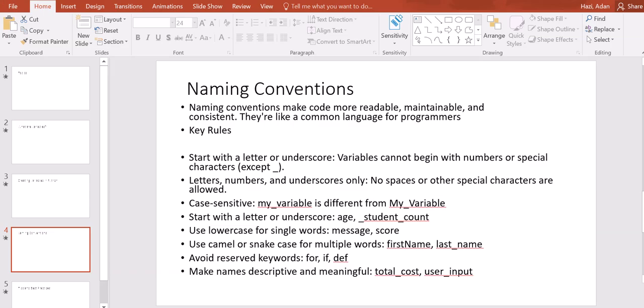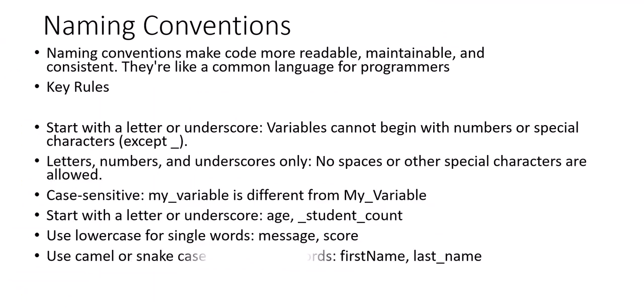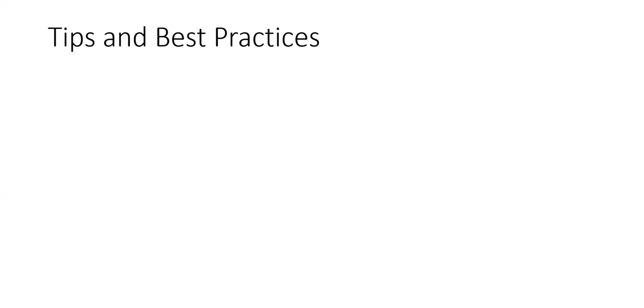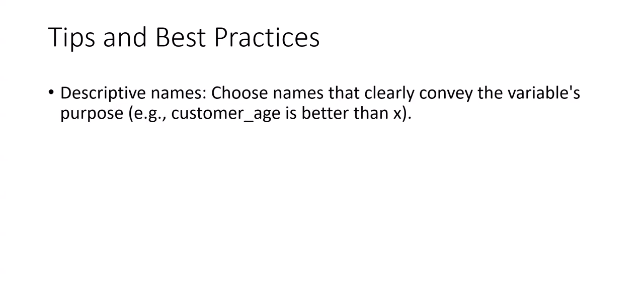Then finally, to finish our session for today, what are some of the tips and best practices that we can follow as a guideline in terms of naming our variables? This is just a summary of what we have discussed. One, let's try to use descriptive names.